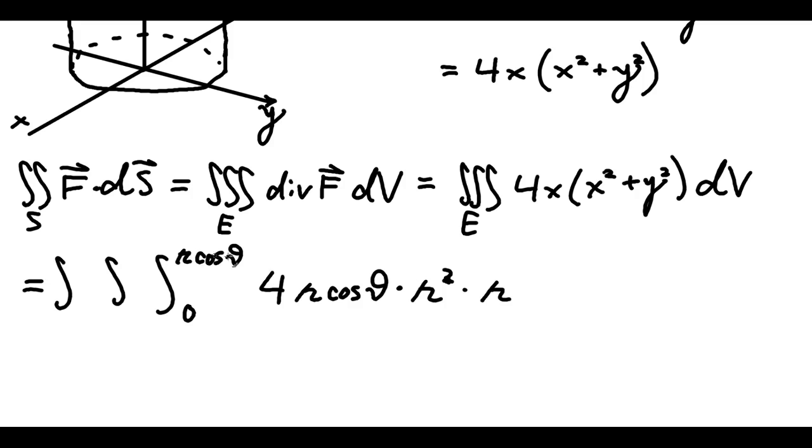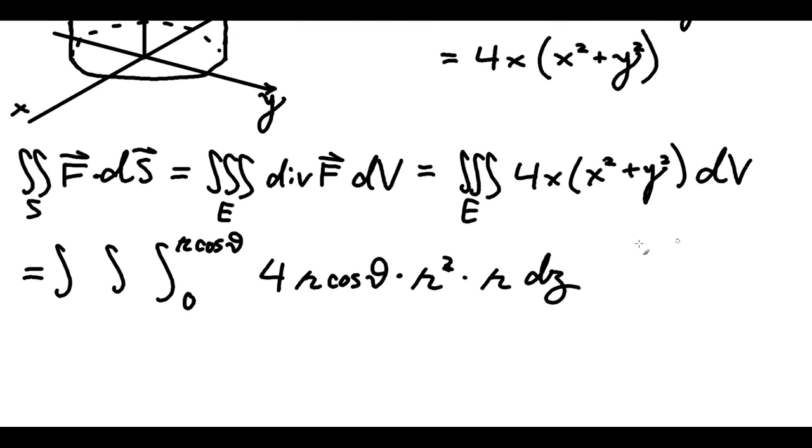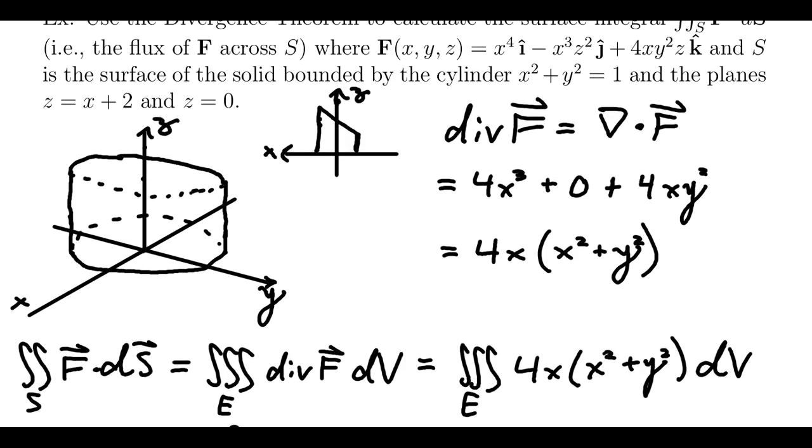We need z on the inside because of that r cosine theta business, so let's put the dz on the inside. And then outside of that, it doesn't really matter. We can just do dr d theta. So r goes from 0 to 1, theta goes from 0 to 2 pi. Again, this 1, of course, is because of the radius of the cylinder, x squared plus y squared equals 1.